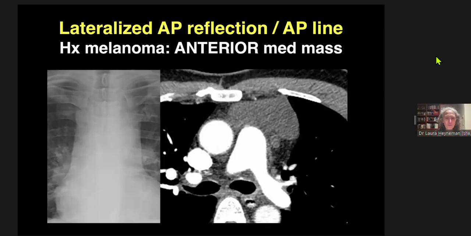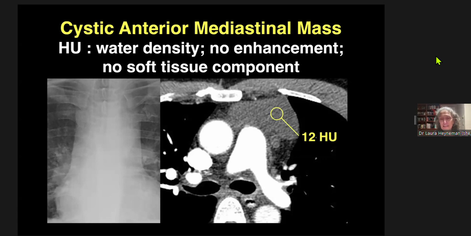This person, when they got a CT, had a very homogeneous anterior mediastinal mass that measured fluid density, had absolutely no soft tissue component, no portion that was enhancing.